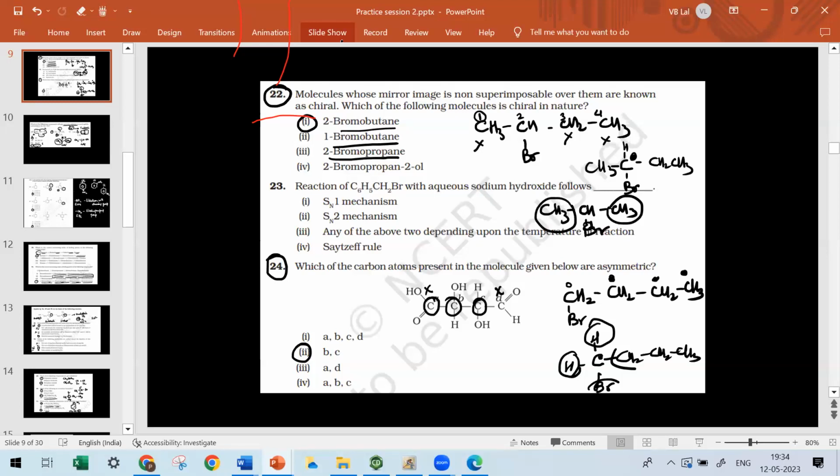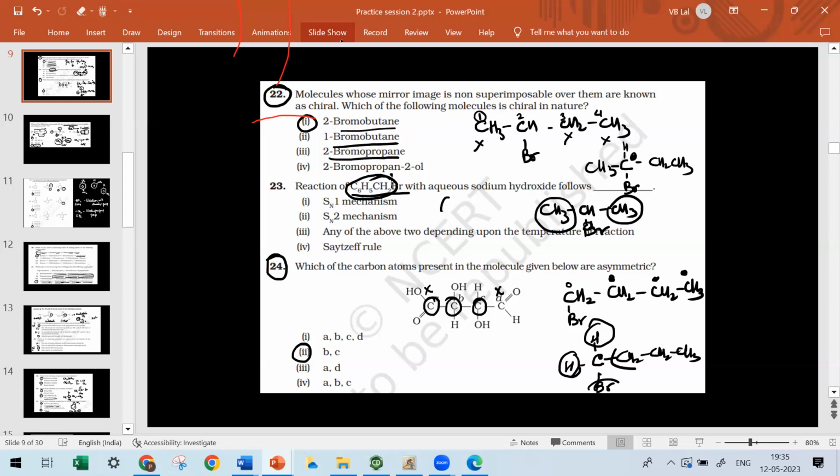So then reaction of CH2Br with aqueous sodium hydroxide follows SN1, SN2, any of the above depending on temperature or Saytzeff's rule. Now here, SN1 and SN2, how will you decide? Based on the intermediate. Will this bond break easily, and when it breaks, will it form a stable intermediate?